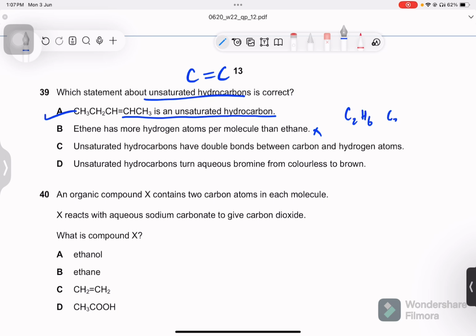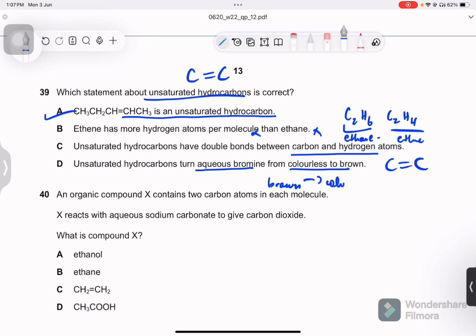If you look at the formulas, C2H4 for ethene and C2H6 for ethane. Unsaturated hydrocarbons have double bonds between carbon and hydrogen atoms. No, the double bond is between carbon-carbon. Unsaturated hydrocarbons turn aqueous bromine from colorless to brown. No, they turn it from brown to colorless. So option A is correct.